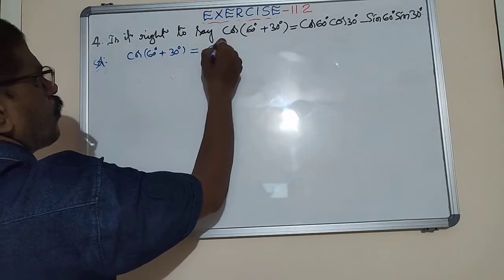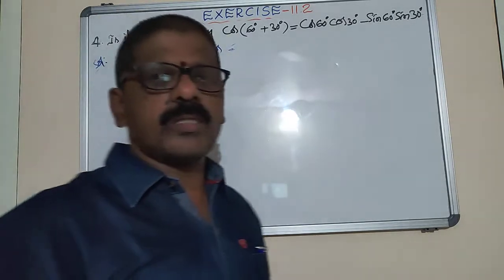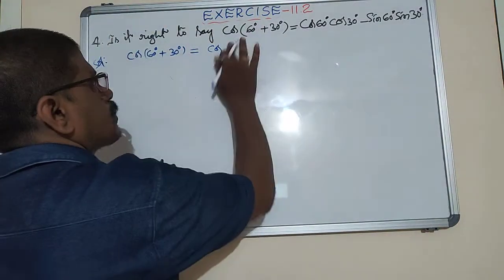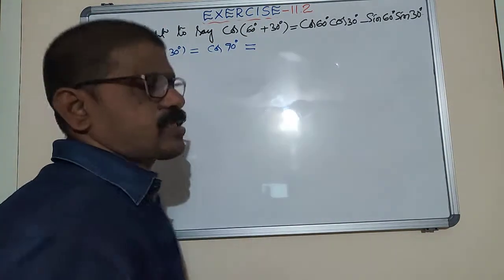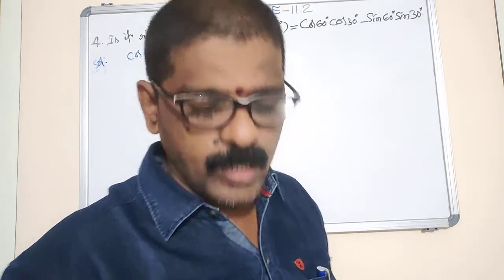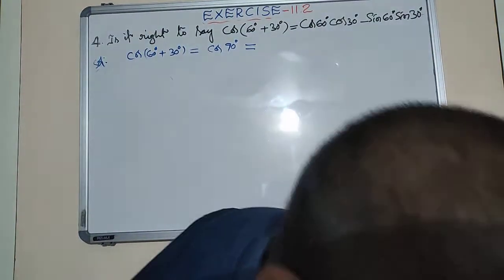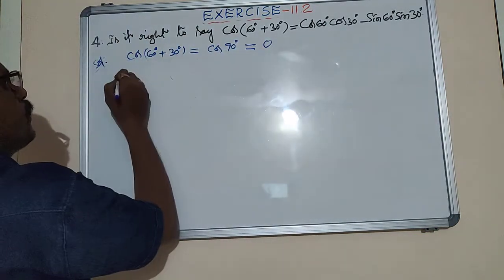That is equal to cos 60 plus 90, it will be cos 90 degrees. Now the value of cos 90 degrees is how much? Cos 90 value is 0. Clear? That is equal to 0. Now we are going to the next.